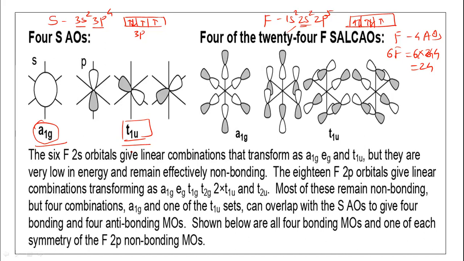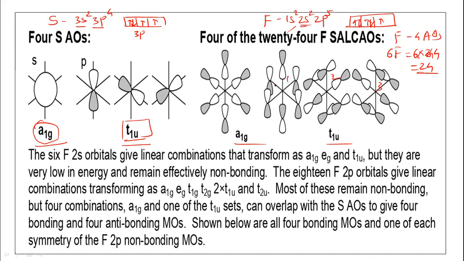And in the molecular orbital theory, symmetry is very important. The atomic orbitals of the same symmetry can overlap with each other. So out of the 24 orbitals here, only 4 can overlap with the atomic orbitals of the sulfur atom. This is the A1g orbital of the fluorine atoms and these are the T1u orbitals of the fluorine atoms: 1, 2, 3, and this is the A1g orbital.